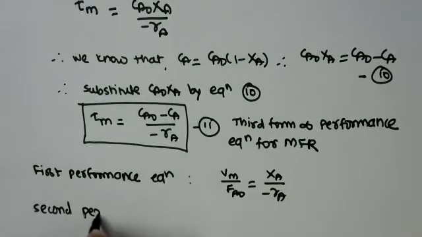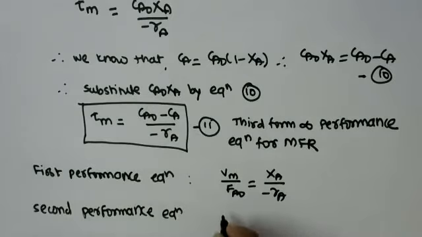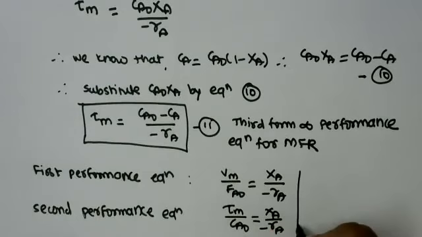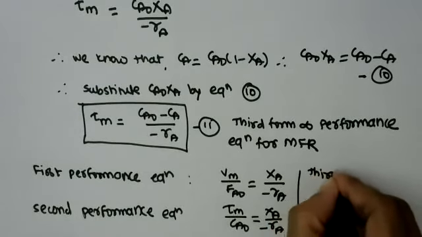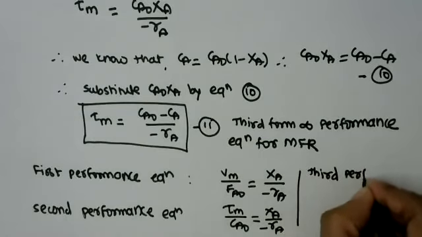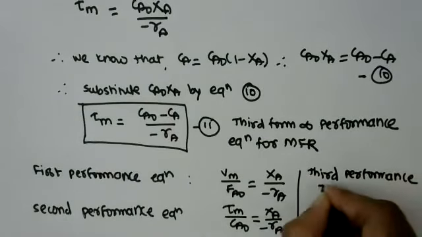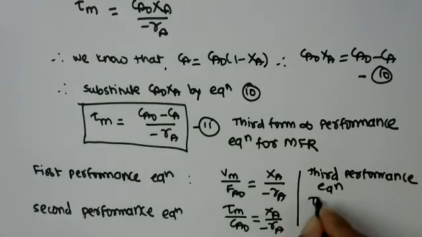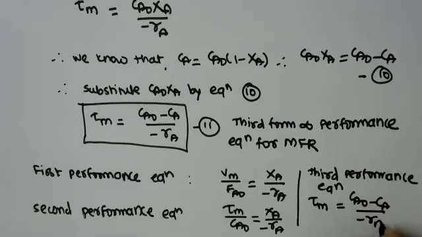The second performance equation is tau m upon Ca0 is equal to Xa upon minus Ra. And the third performance equation is tau m is equal to Ca0 minus Ca upon minus Ra.